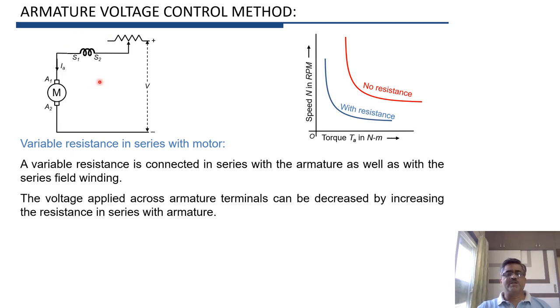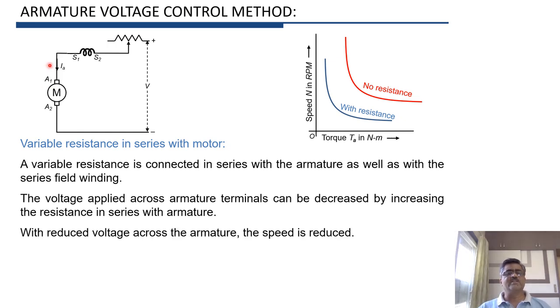Now by changing the value of this resistance, we can change the voltage across the armature terminals. If this resistance is increased, the voltage across the armature terminals will decrease. And with decrease in armature voltage, the speed of the motor decreases.